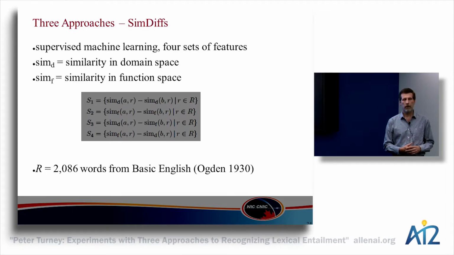So functional similarity, for example, captures part of speech in the sense that words that are in the same part of speech will have a higher degree of functional similarity than words that are in different parts of speech. It captures other kinds of similarity, like cut and carve are similar functions.